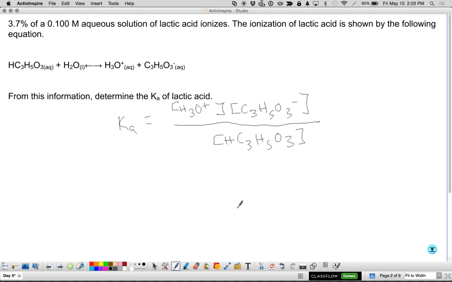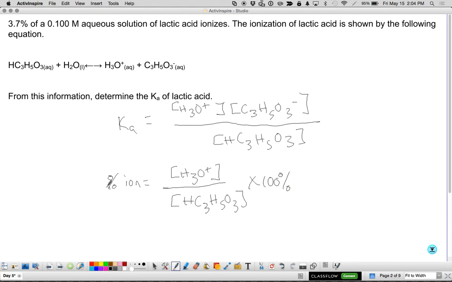Okay, so this is what we're trying to find. I'm given this 0.100 molar solution, okay? That's what I have. And then I'm also given a percent ionization. All right, so let's look at our percent ionization equals, in this case, the concentration of H3O+ over the concentration of the weak acid, HC3H5O3, times 100%.